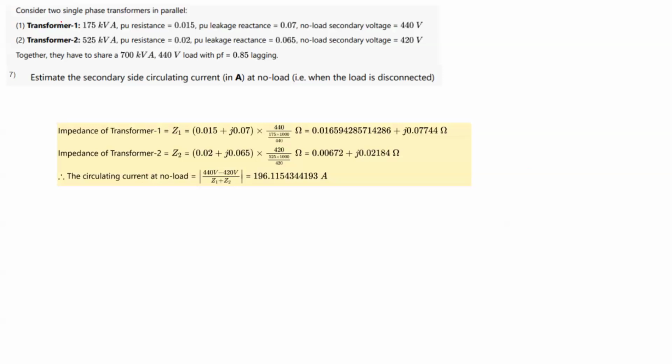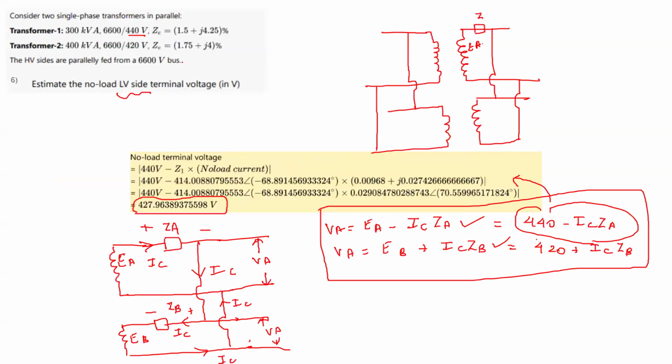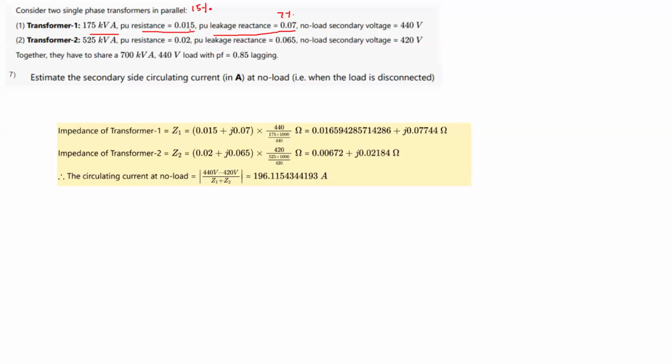Now here again we are given the data for the 4 questions. Here we have 175 kVA. Its per unit resistance is 0.015 and per unit leakage reactance is 0.07. There is also another way of writing it as 15% and 7%. And this is the no load secondary voltage.